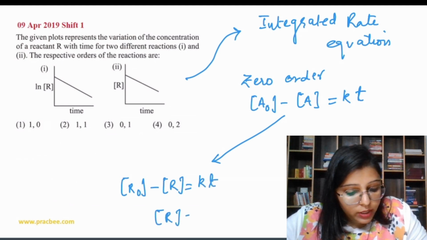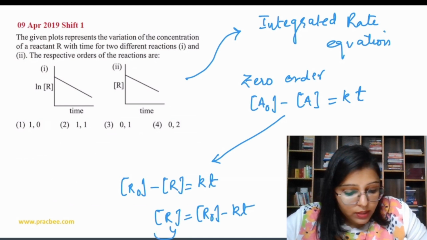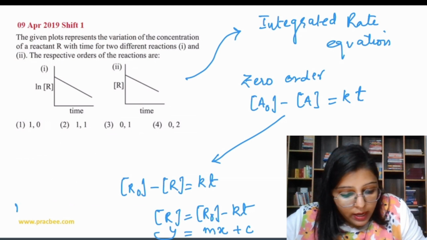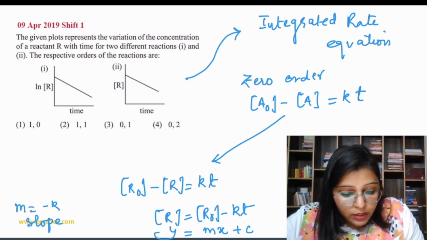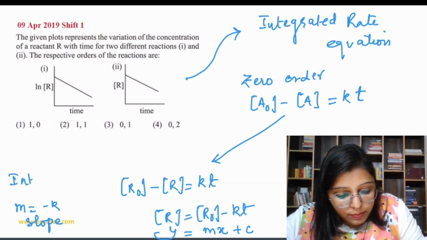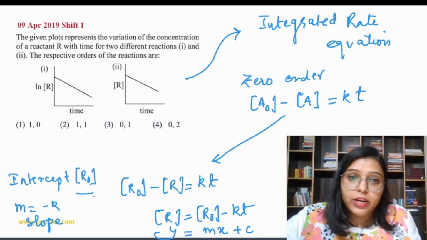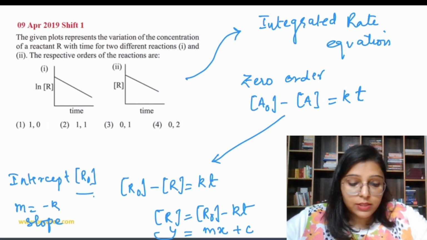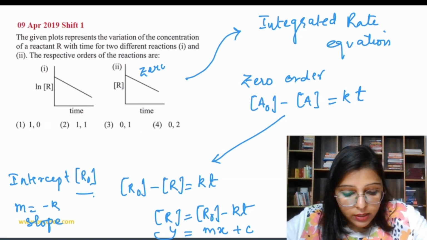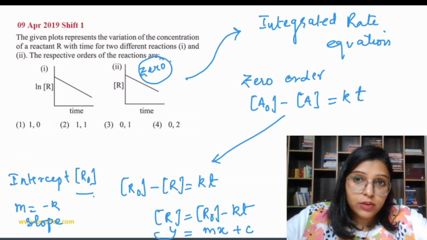So R is going to be R naught minus Kt. Now if you compare this equation with y is equal to mx plus c, so m is equal to minus k, that is slope is minus k, and we have intercept equal to R naught. So straight line equation, if we have to follow, then this second one is the zero order reaction.